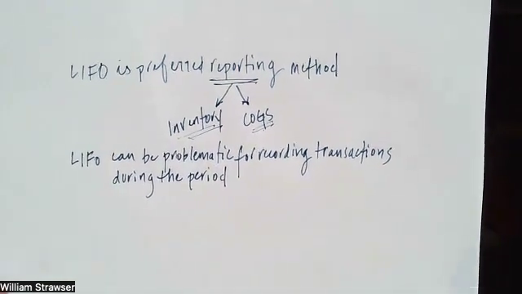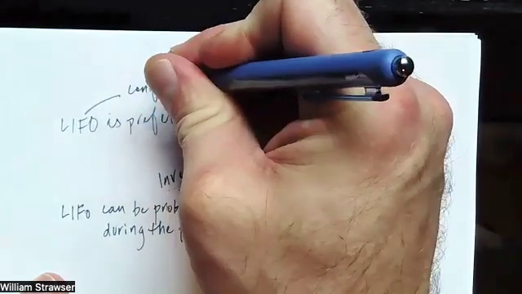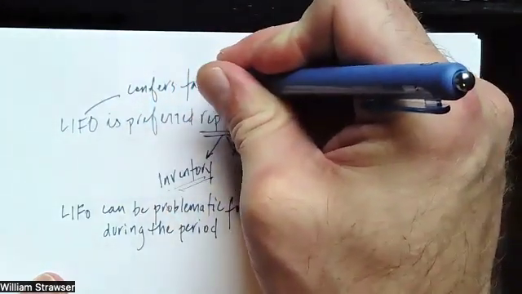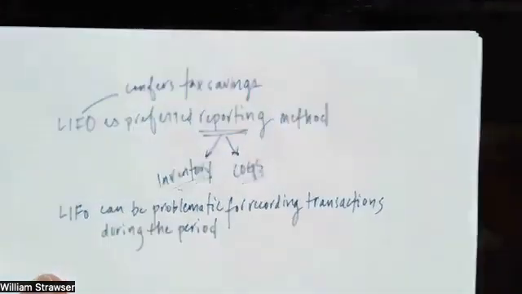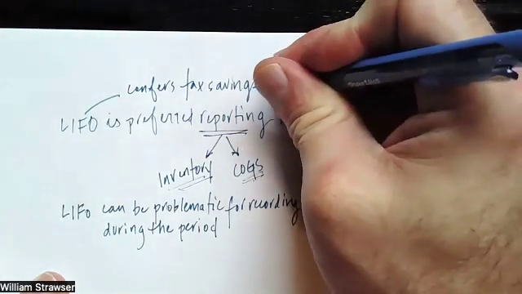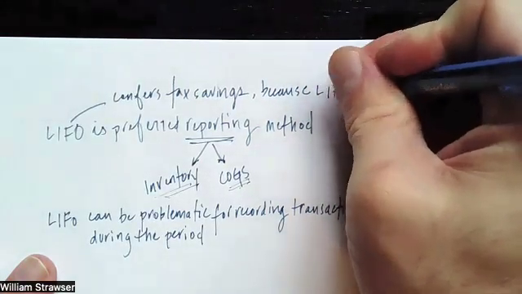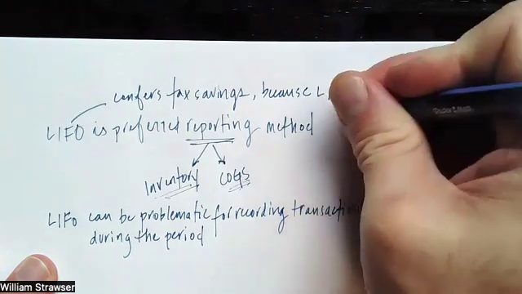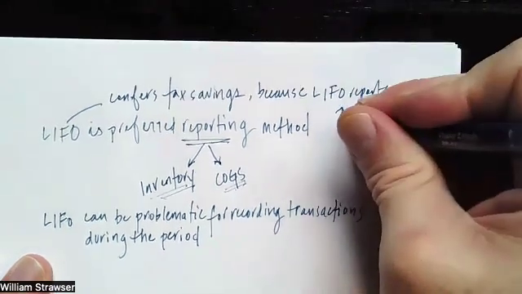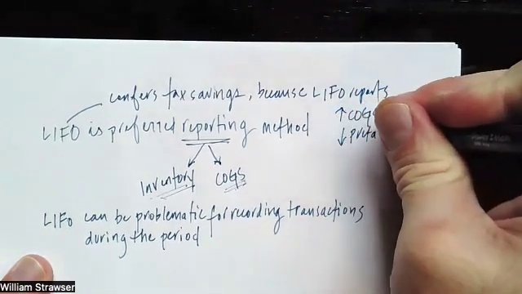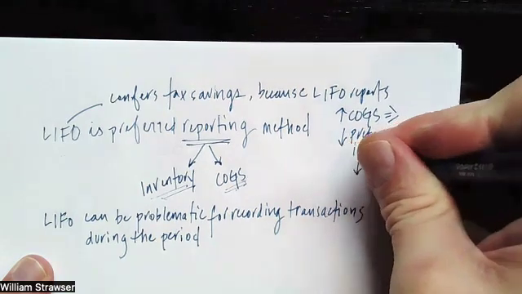And the whole reason for this is LIFO confers tax savings. It does so because typically in times of rising inventory costs, it reports higher cost of goods sold. And that in turn produces less pre-tax income and therefore lower tax expense.